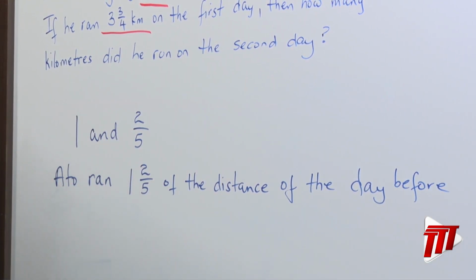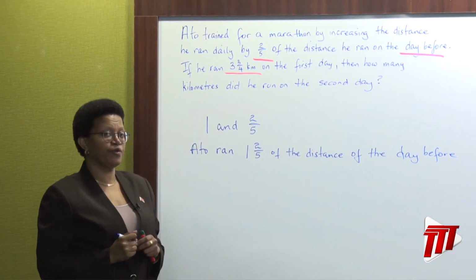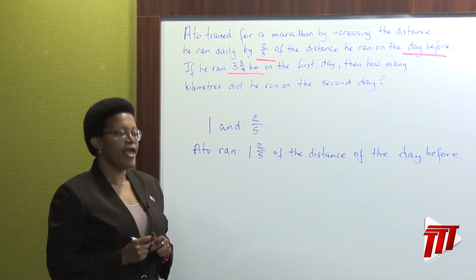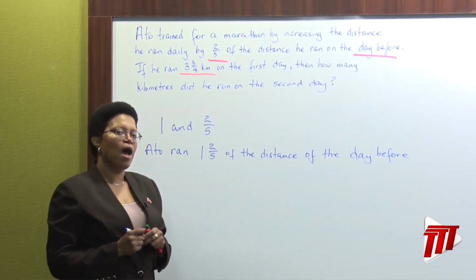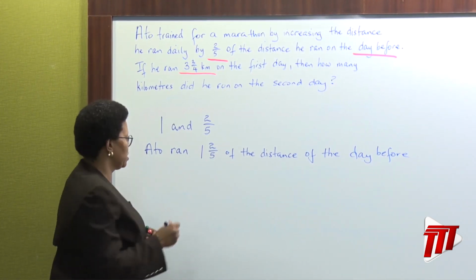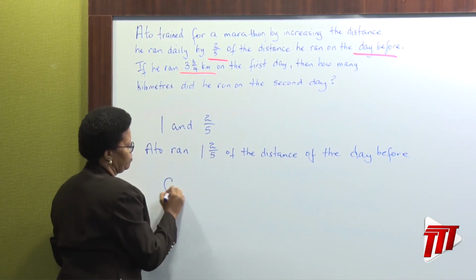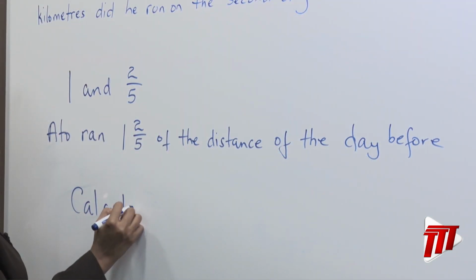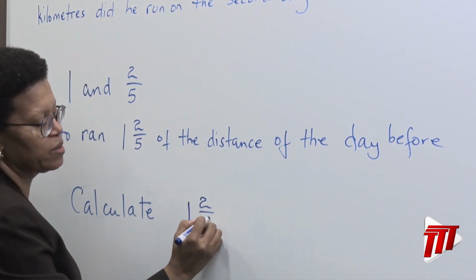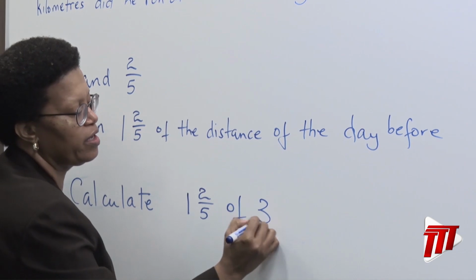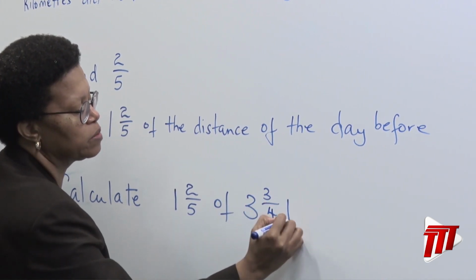We know that the distance he ran on the first day was 3 3/4 kilometers. It means we are looking for 1 2/5 of 3 3/4 kilometers. We need to calculate 1 2/5 of 3 3/4 kilometers.